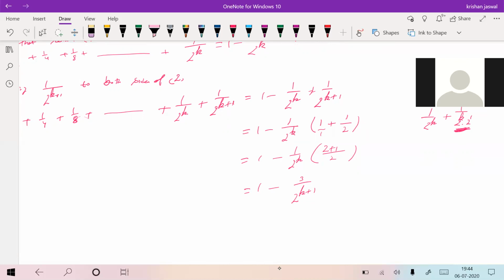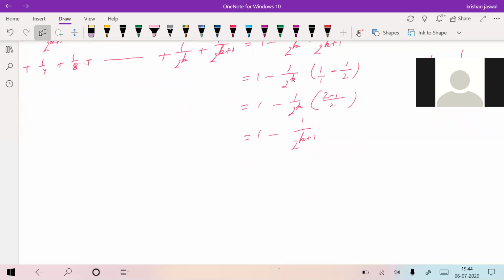And there is one mistake. We take minus as common, so there we will write minus, because minus is common. Signs are changed. 2 minus 1, 2 minus 1. Okay.